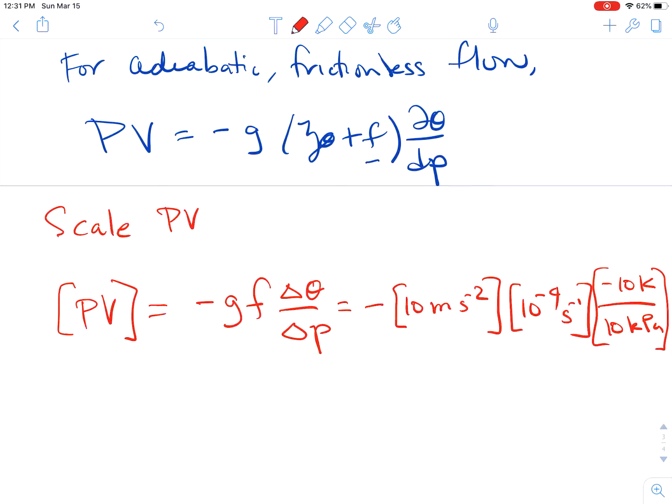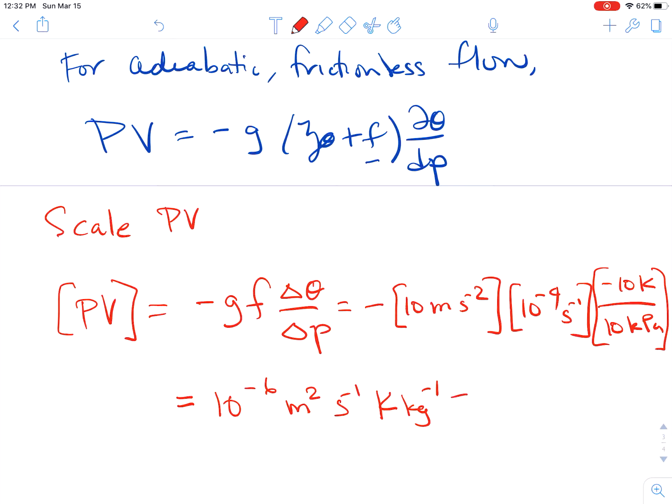And again, we'd want to convert our kilopascals to pascals to get all of our units to work out, or it'd be just 10,000 pascals. When we work out all of this math, what we find is that our PV scales to the following quantity: 10 to the minus sixth meters squared per second, K per kilogram. That's a nasty set of units.